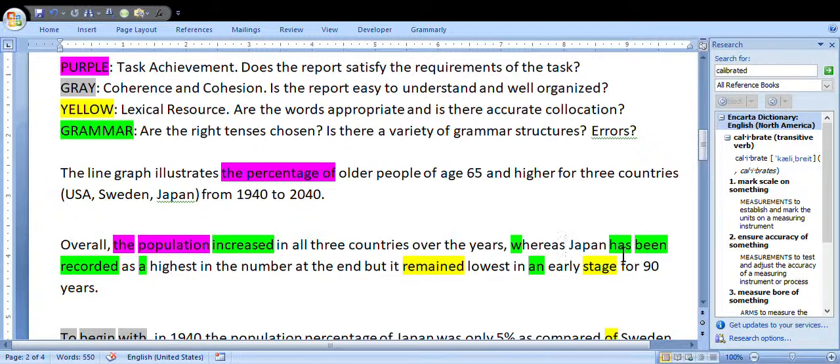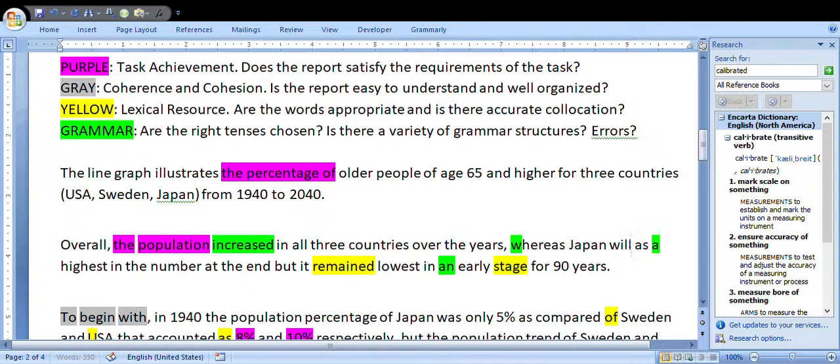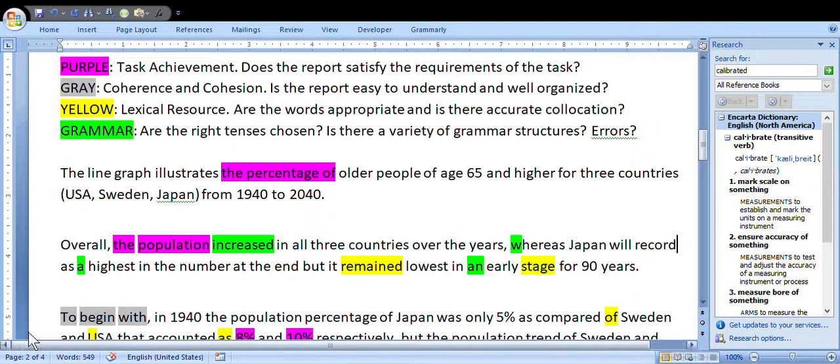That's the future. This is what they call a superlative, and always with a superlative you begin before it with the. And the number and at the end, but it remained lowest in an early stage for 20 years.